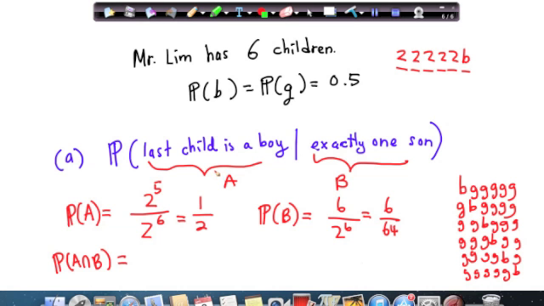The other children must be girls. So there's only one element in the intersection of A and B. In particular, that element is the configuration here. So this is the only element inside A and B. So the probability is just 1 over the size of the sample space.